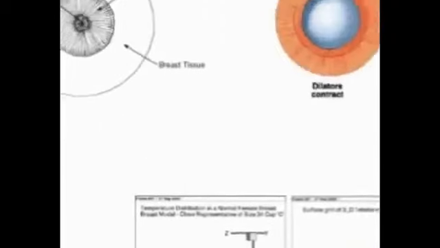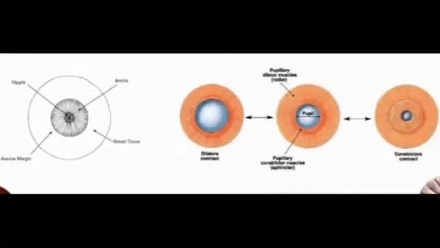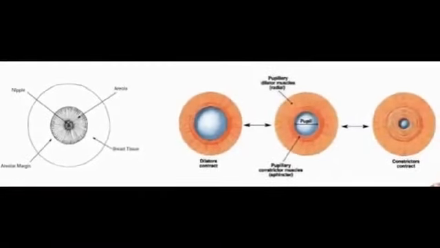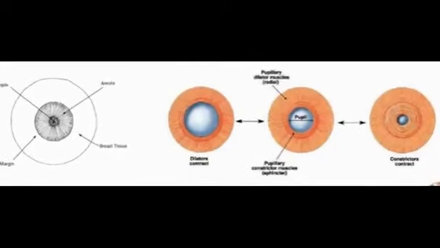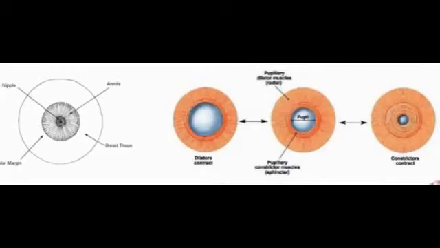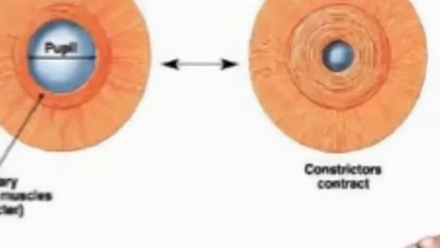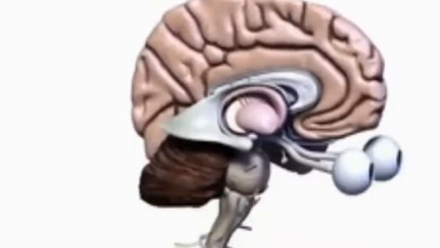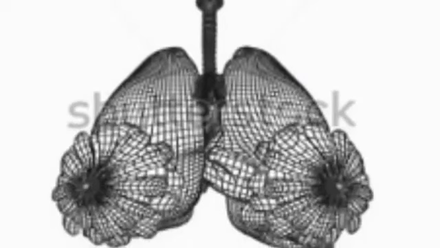Also, if you look at the thoracic area, you start with the glands: we have a nipple, areola, and the areola margin around, and the breast tissue. If you look at the eyes, we have the iris, pupil, which is like the nipple, and around it the iris, which is like the areola, the muscle tissue around the areola, and the conjunctiva.